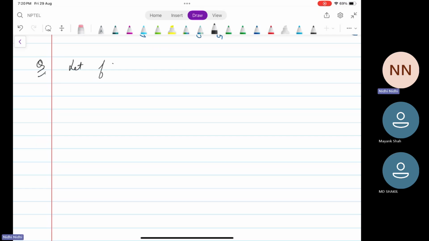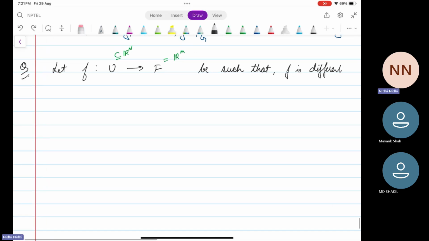Let f from U to F, where U is a subset of Rm and F is equal to Rm, be such that f is differentiable at x.